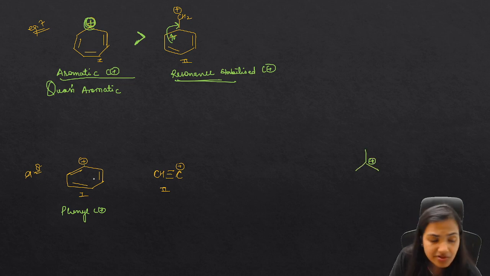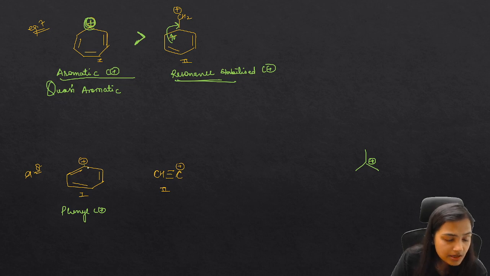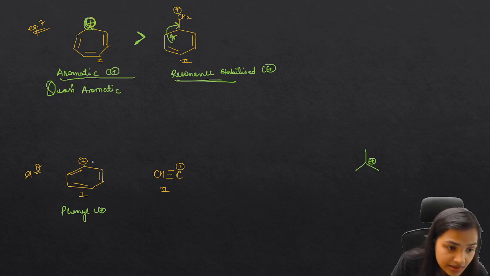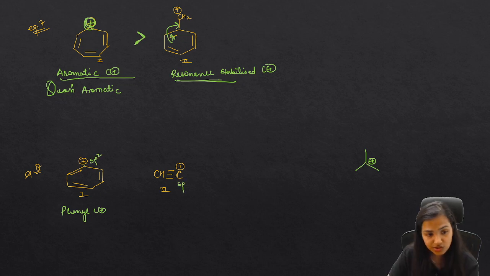No. So as per me, it's not a good carbocation, because it must have a trigonal planar geometry. As I told you, this is sp2 hybridized. So we can see that here this carbocation has sp2 hybridization, but here this carbocation has sp hybridization.